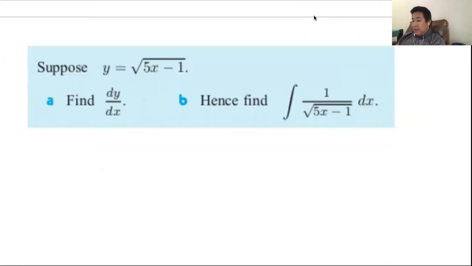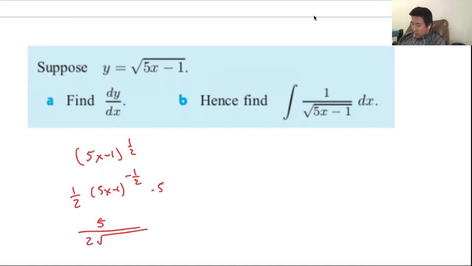All right, find dy dx. So this is 5x minus 1 to the 1/2. So we have 1/2 times 5x minus 1 to the negative 1/2 times 5. So it's 5 over 2 root 5x minus 1. And this right here looks like it, but how's it off?